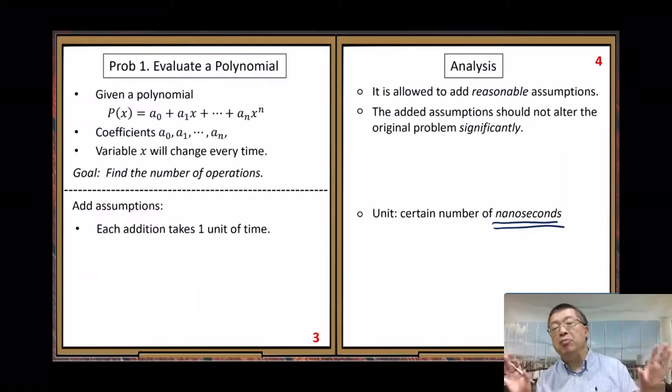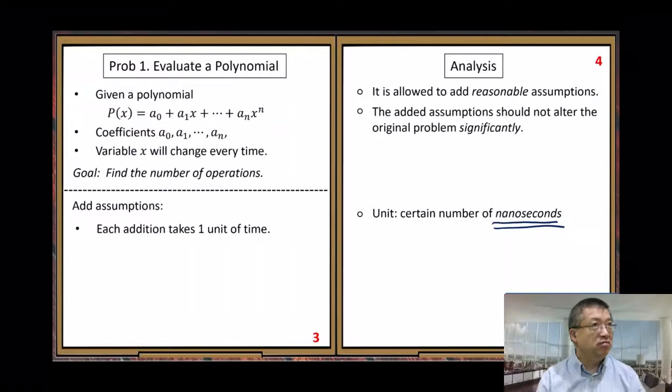In modern computers, doing one addition is very fast. In a current PC, very fast. A certain number of nanoseconds, a small number of nanoseconds.